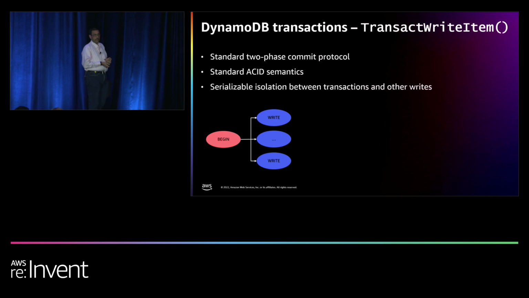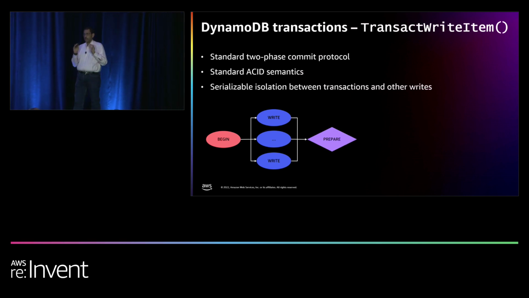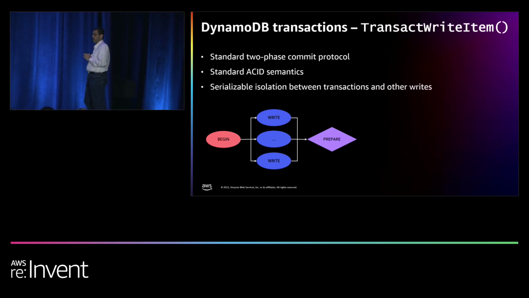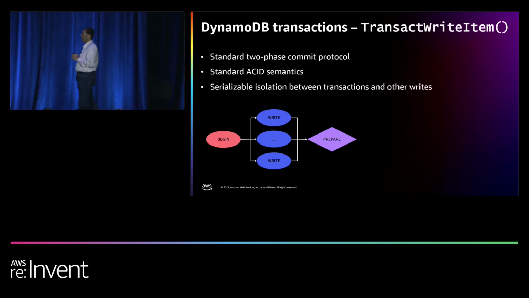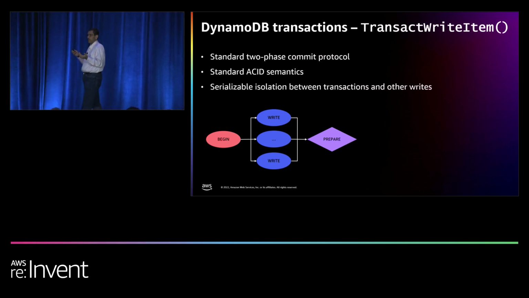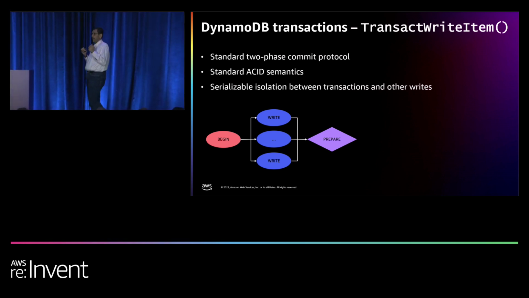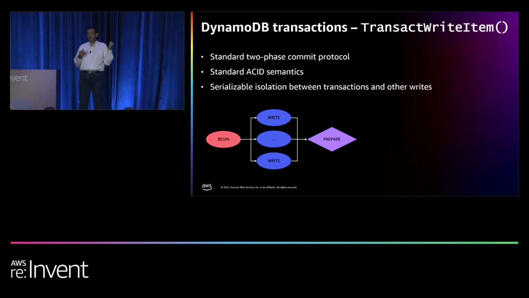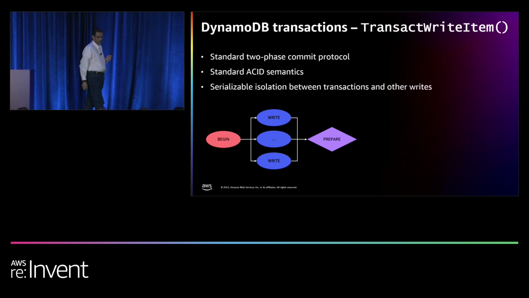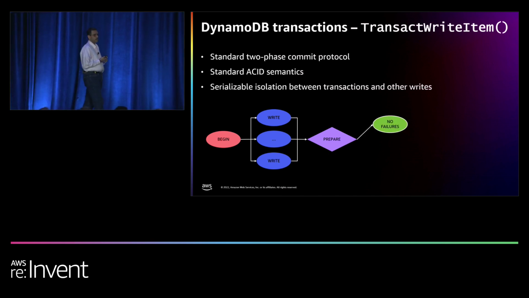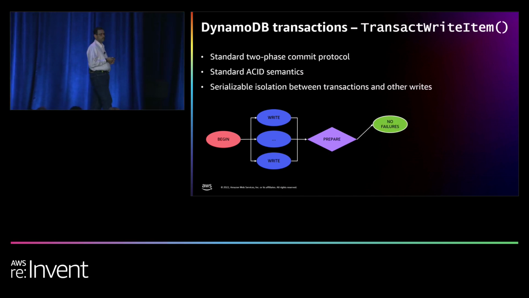Once the writes are done, there's a prepare. The transaction coordinator tells all the storage nodes, prepare. At this point, all the condition checks are evaluated, and the storage nodes decide whether or not they're willing to accept the write. One of two things can happen. All the storage nodes can come back and say, we're good.